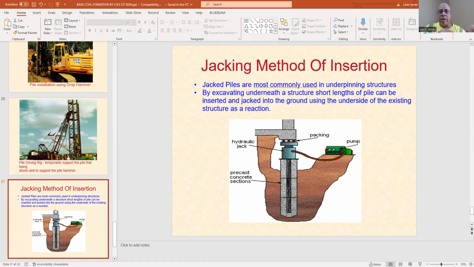Now, when we use the jack method, you excavate underneath the structure. Then, once you excavate beneath the structure, short lengths of pile are inserted and jacked into the ground using the underside of the existing structure as a reaction, as you see it right here.